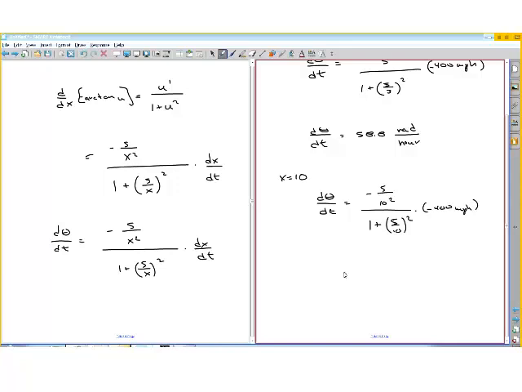Okay, I think I've got everything right. And I get 16. Is that right? Yeah, okay, that is right. It came out to be a nice even number, so I was wondering what I did wrong. Okay, so you get 16.0 radians per hour.